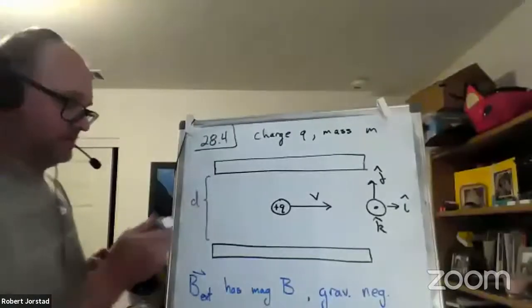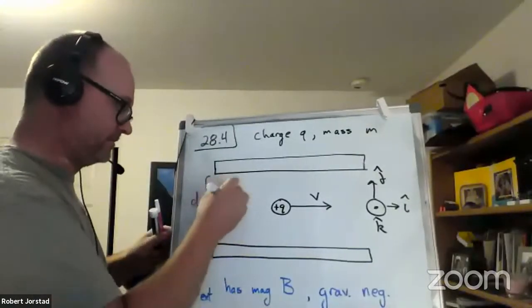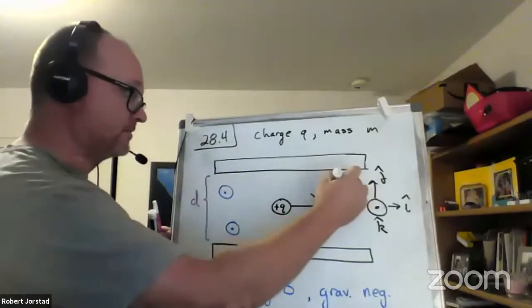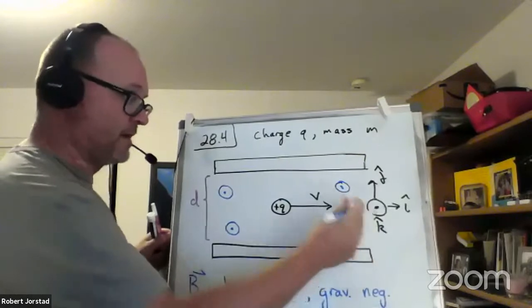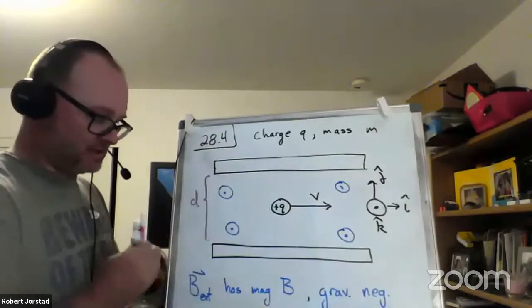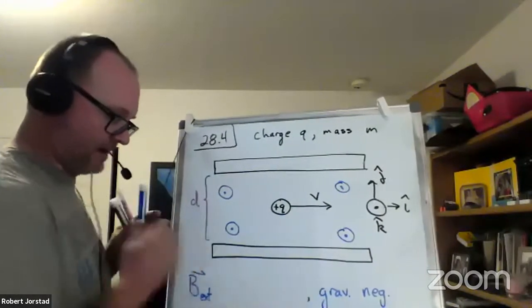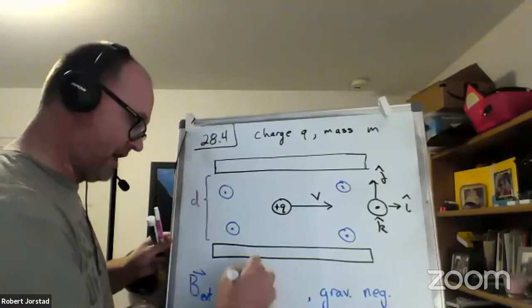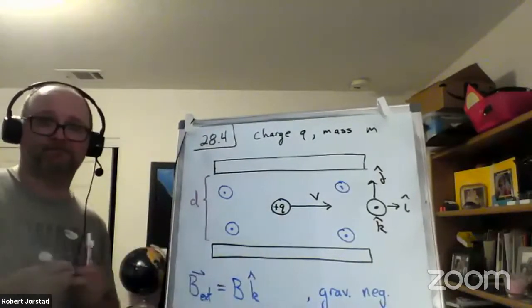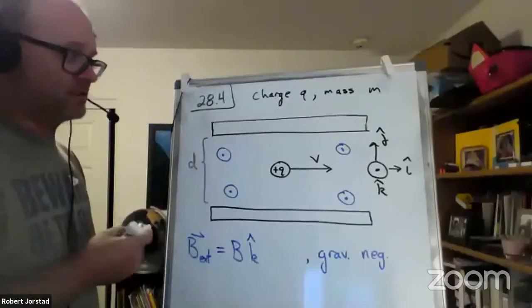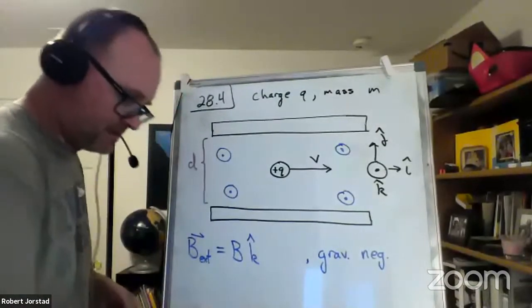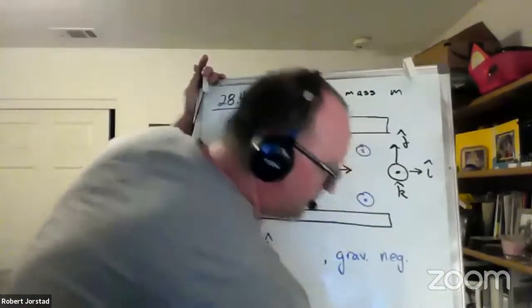Okay, so remember that a dot means out of the page, and so actually I could make this a little bit easier. I could just say B external is B in the K hat. All right. And so what direction is the magnetic force? Let's see here.